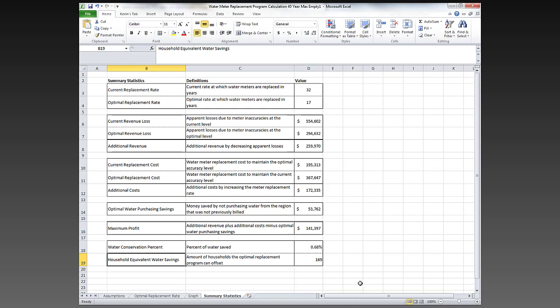Then you can see, now that you're measuring more and billing more, people are curbing their consumption a little bit, so you can see the equivalent of how many households of water saving. So by installing a new meter, you're saving money, and you're also reducing water consumption. So that's the model.